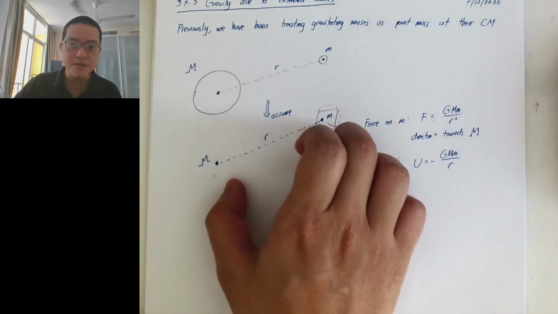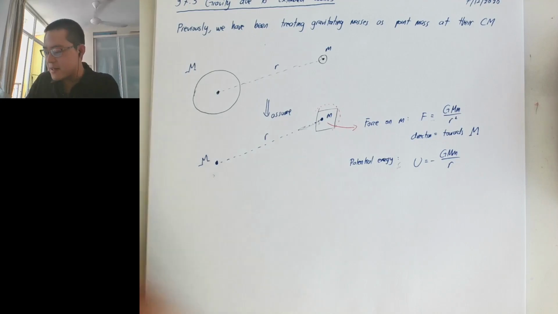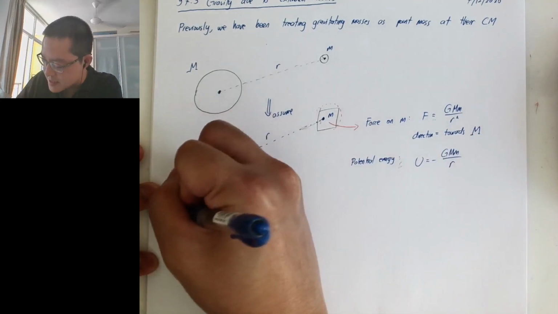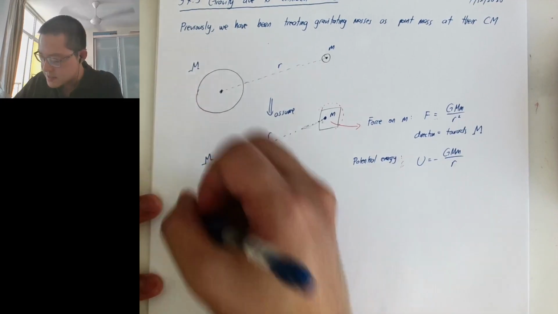So now we have been assuming everything is a point mass. What we want to address now is a slightly more complicated problem. Firstly, I should also ask: is this assumption true, when we assume that this is a point mass?